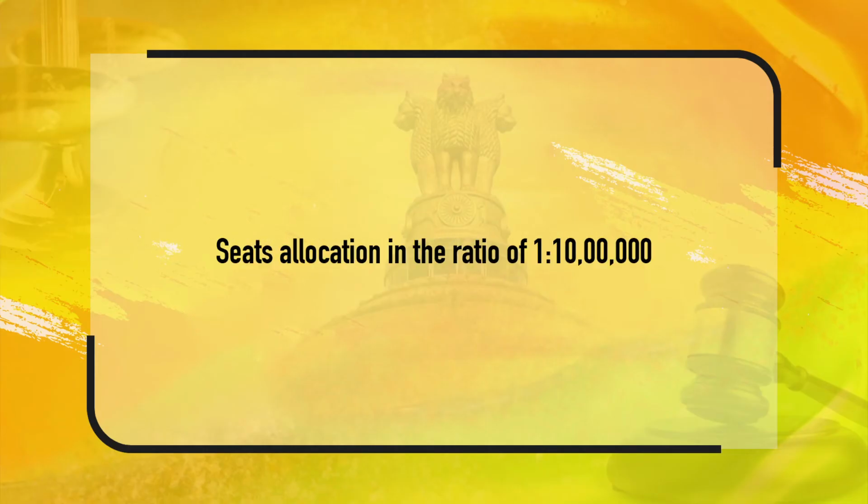For the purpose of electing the Constituent Assembly to frame the Constitution, the Cabinet Mission divided India into 3 sections with seats allocated in the ratio of 1 to 1 lakh.